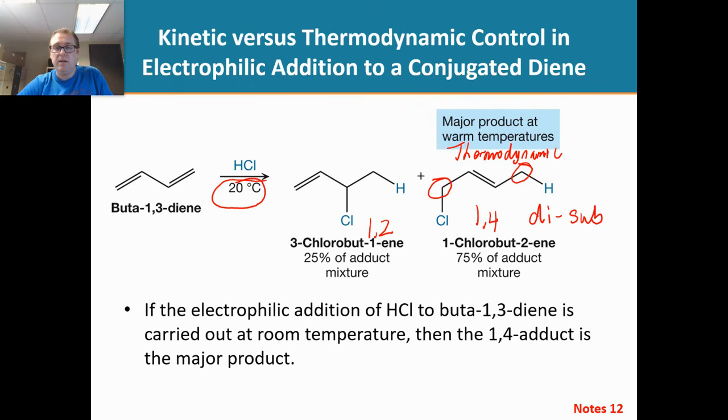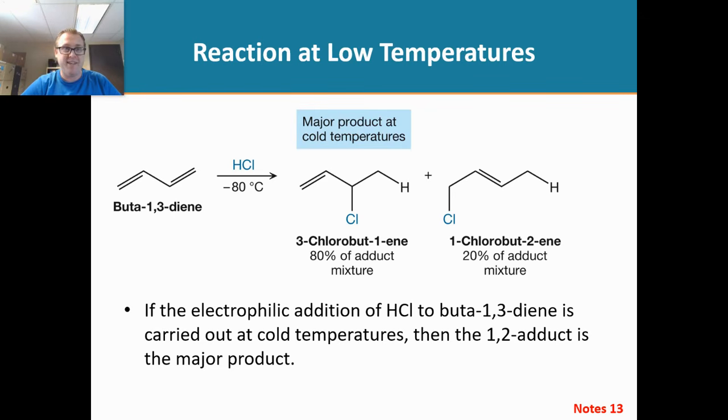Okay. Now, what if you want to favor the 1,2 product? Well, you can guess that we have to lower the temperature. If we lower the temperature and get it really cold, we are going to favor the 1,2 product over the 1,4 product. Because we are at cold temperatures, the 1,2 product is also called the kinetic product.